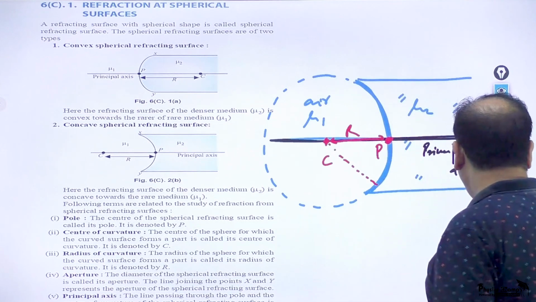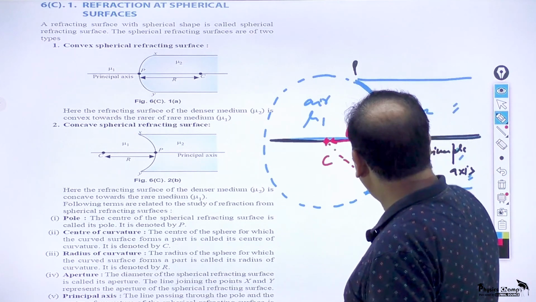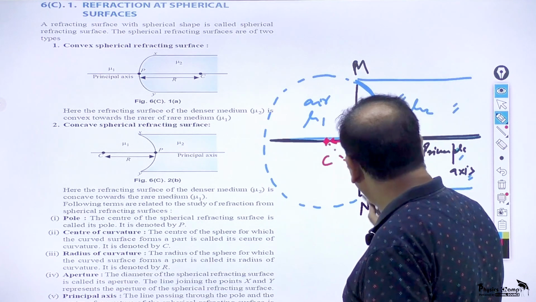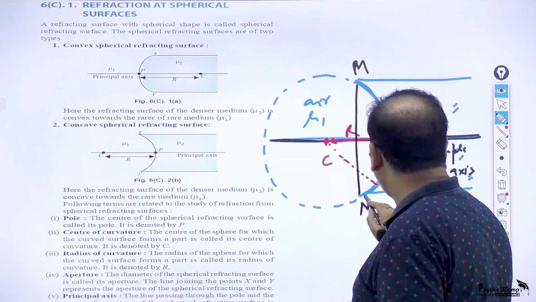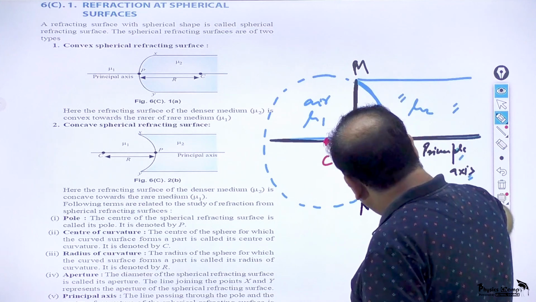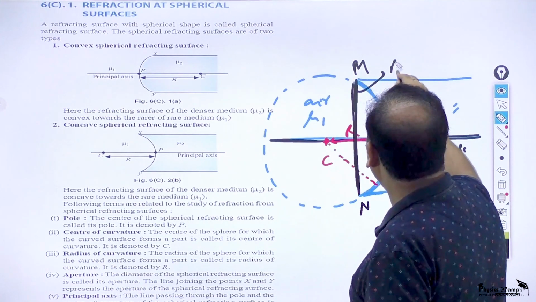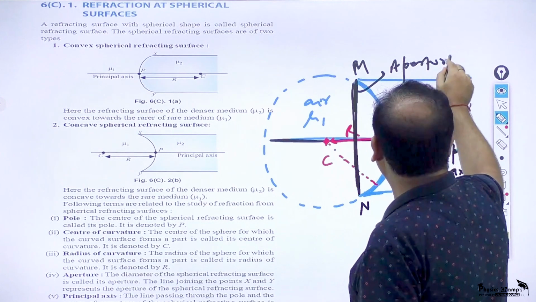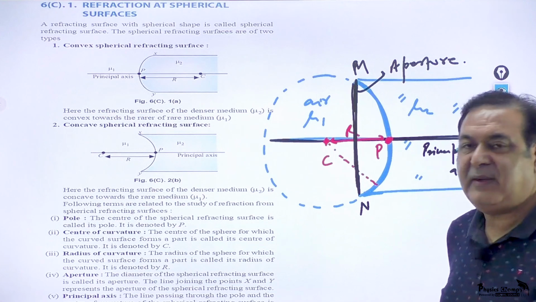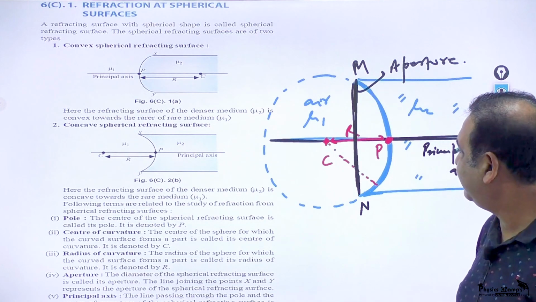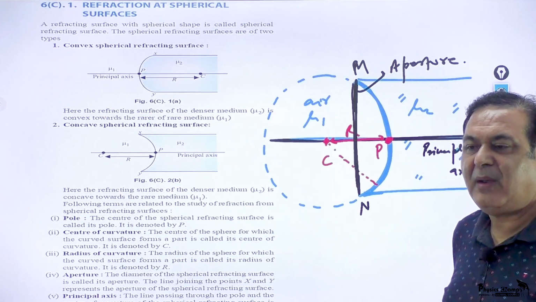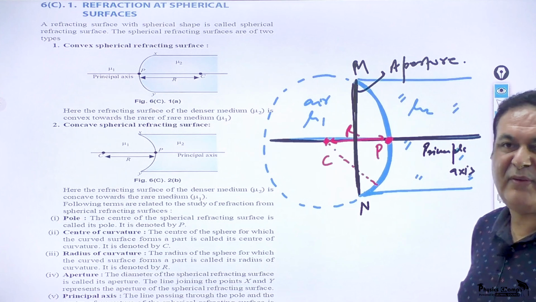And then if we are looking for aperture here, if I call these edges M and N, the shortest distance between the two edges will be the aperture. So that's how the basic terms are defined in a spherical refracting surface. And from here, now we can talk a little bit more about what kind of formula for spherical refracting surface we are going to write.